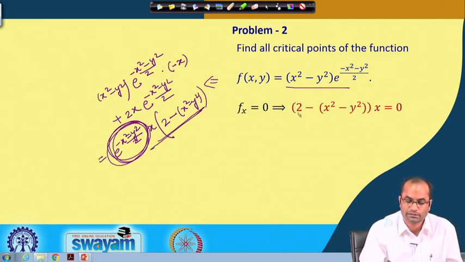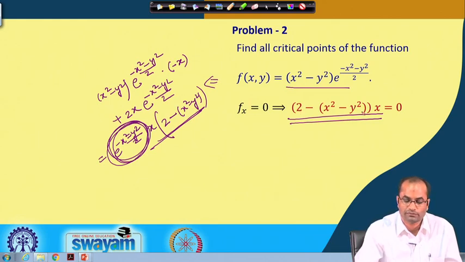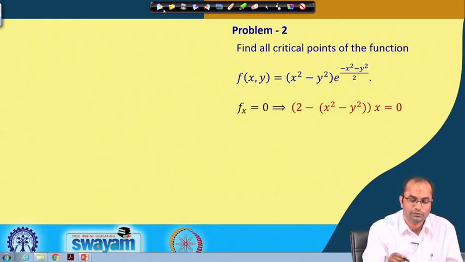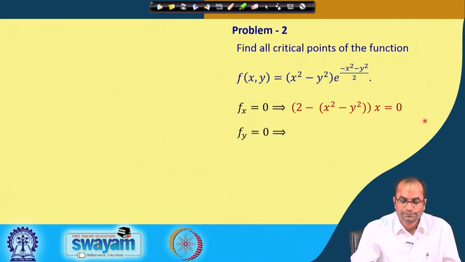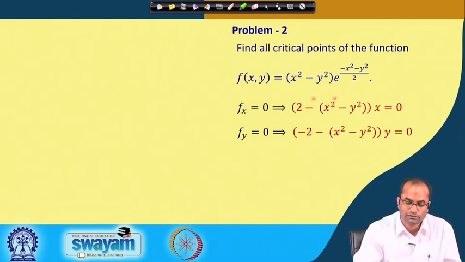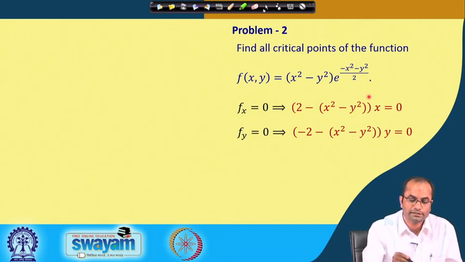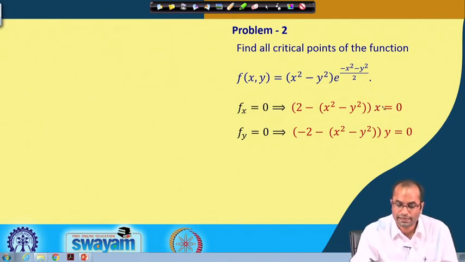This is the condition precisely, that x multiplied by (2 − x² + y²) must be 0. Now for f_y also, similarly, we will get a minus 2 here, and this y equal to 0. So, now we can solve this. For example, we take x equal to 0.